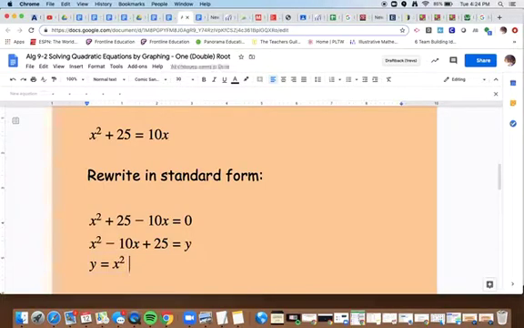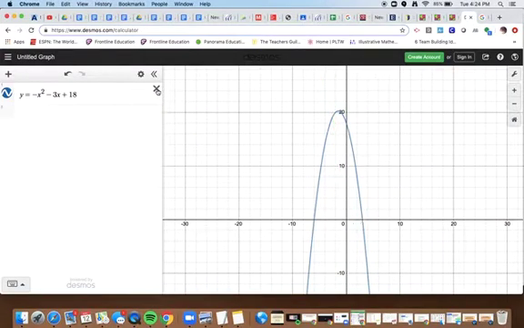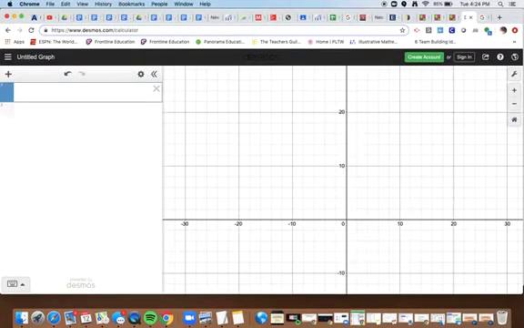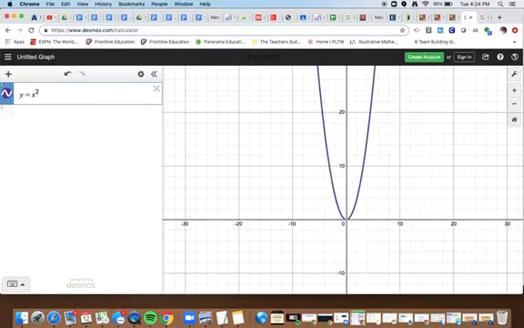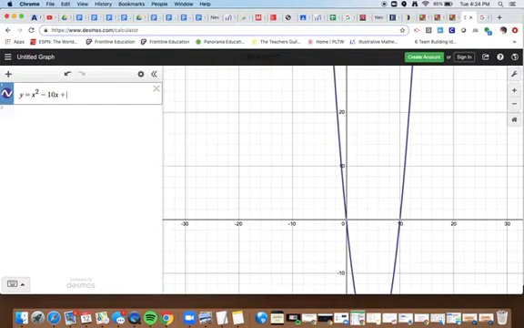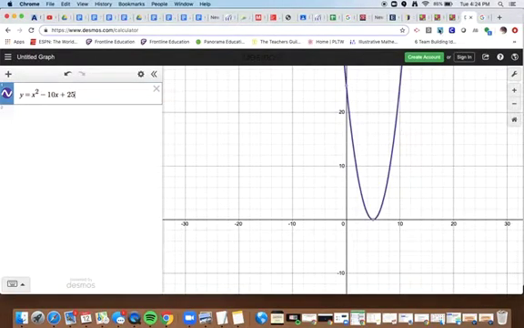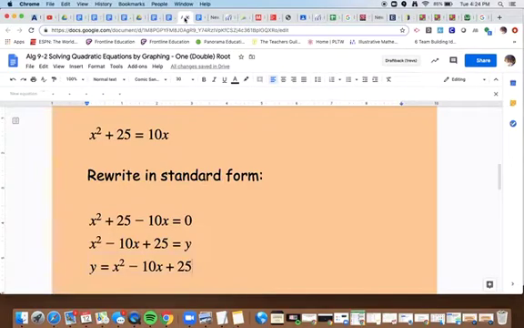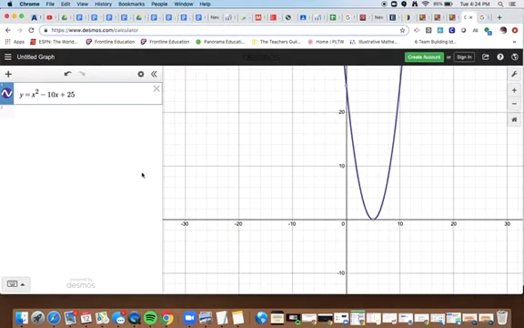It doesn't really change the meaning of it, it just looks a little more familiar. So this form right here is what we want to graph. Then we go to Desmos, and I'm going to get rid of this stuff and put in y is equal to x squared minus 10x plus 25. Let me make sure, but I'm pretty sure that's it. That's it. All right, so x squared minus 10x plus 25.